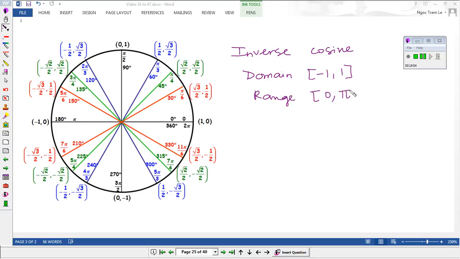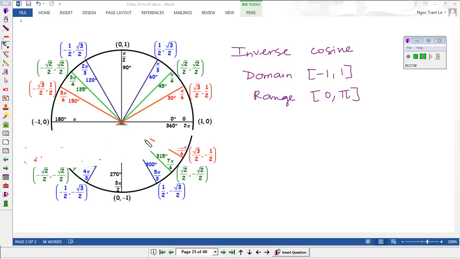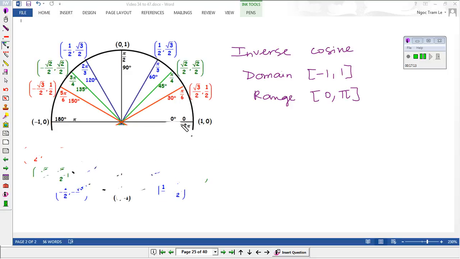The range goes from 0 to pi. So it means on my unit circle, the range goes from 0 to pi, so I only need to look at this half of the circle from 0 to 180 degrees.